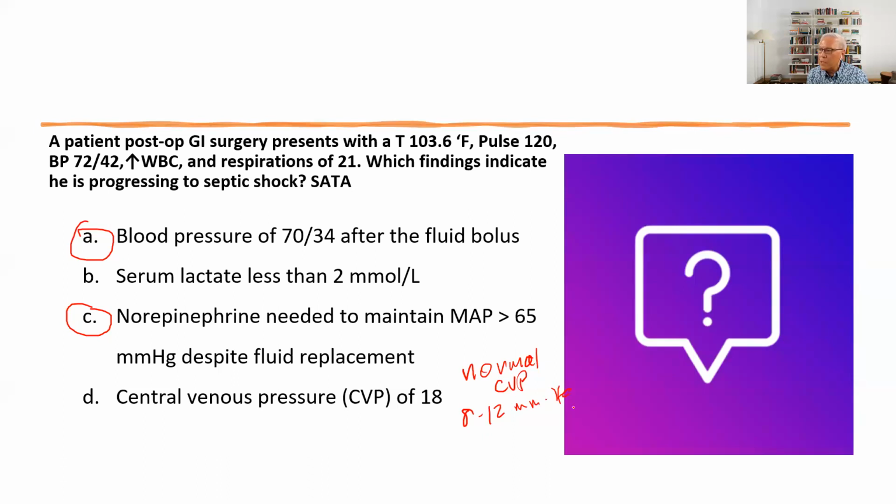Now, CVP could be measured in centimeters of water as well. So the value in centimeters of water is going to be 4 to 12 centimeters of water. Okay, so those are the values for a normal CVP. And so this one, a central venous pressure of 18, is going to be high. All right.